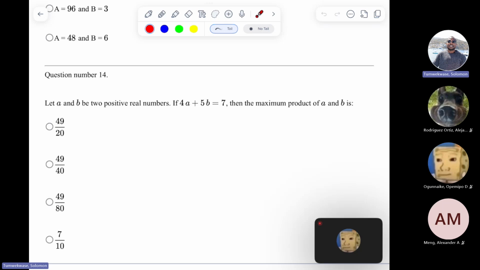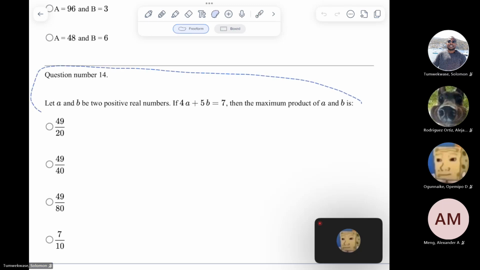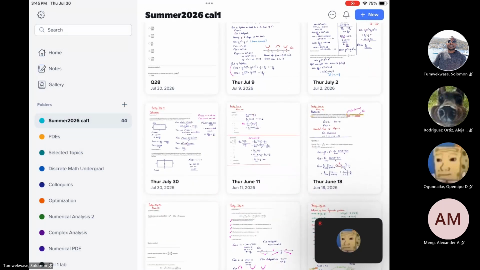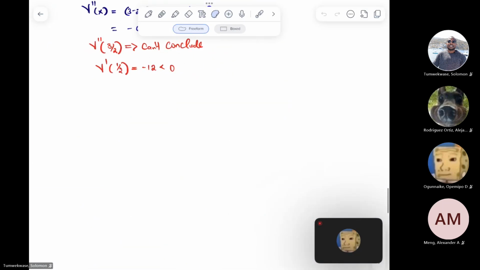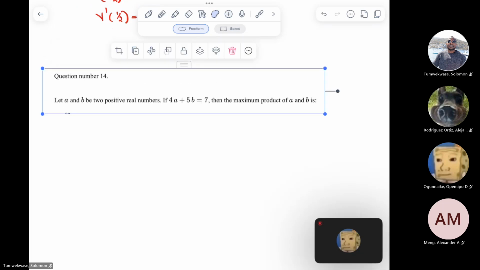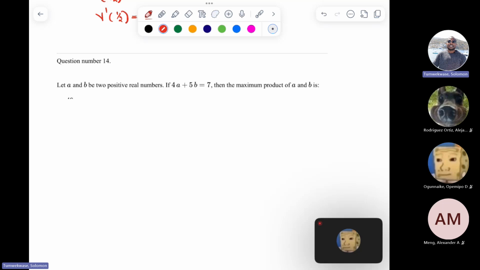Then the maximum product of A and B. So they are just telling us that maybe what they are interested in is the product, and the product, you can give it any name.